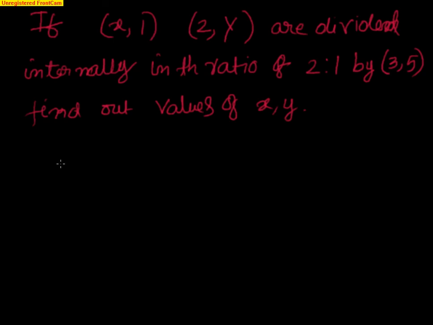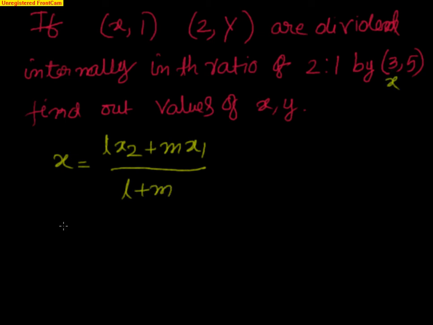So I know my formula for x is equal to Lx2 plus mx1 by L plus m, and x is already given as 3. This is L, this is m, this is x2, y2, x1, y1.